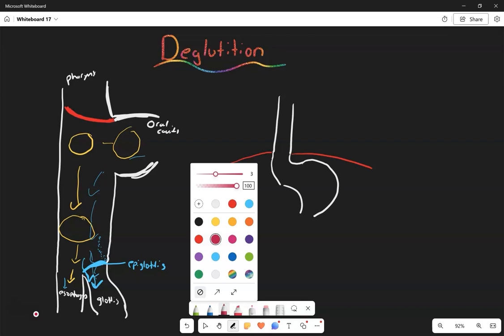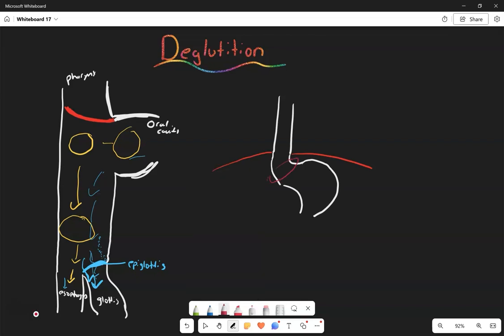Now, surrounding this area here where the esophagus meets the stomach is a sphincter. It's a high muscle tension area, and it's called the gastroesophageal sphincter, or some people will call it the lower esophageal sphincter. It's not a true sphincter, but it's caused by a high level of muscle tension right here.